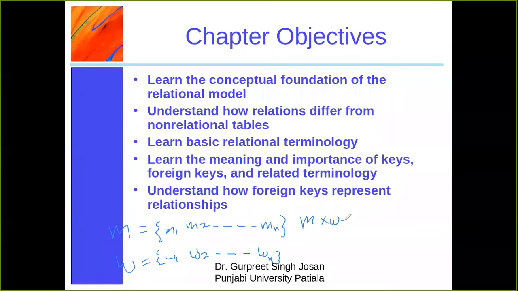That is basically called the cross product. So how will you create the cross product?